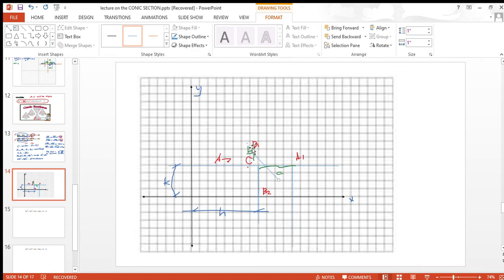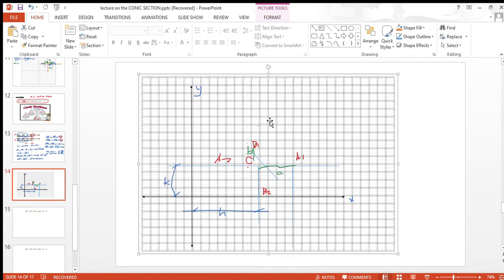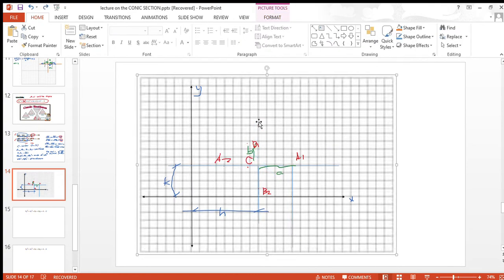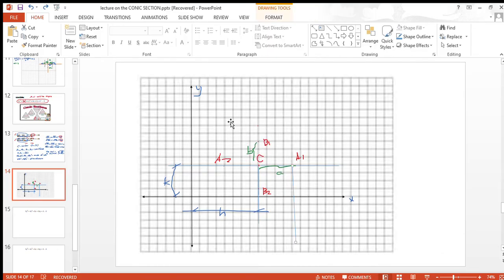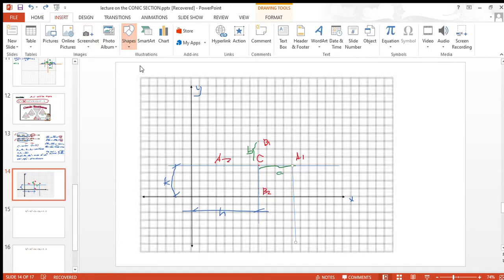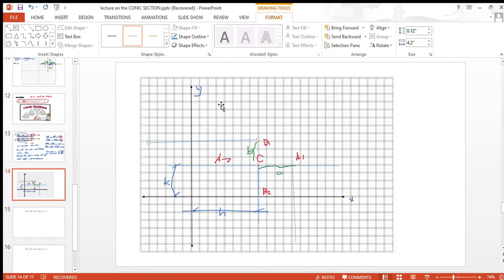Let me just bring that back. It's B1, that's B2. Okay, there you have it.